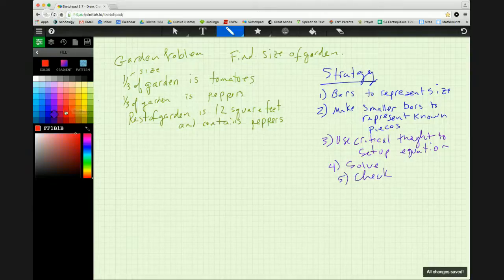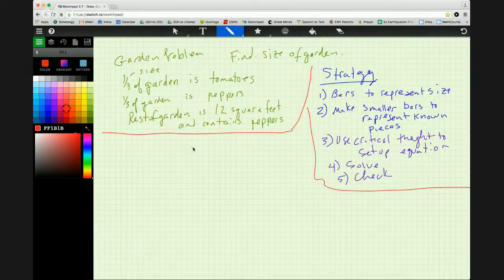So let's look at this. And once we set it up correctly, it's going to be really nice. So the whole garden, do we know how big the whole garden is? We do not know. So what we're going to do is draw a kind of a bar. This is really piece one, where we say this is the whole garden.